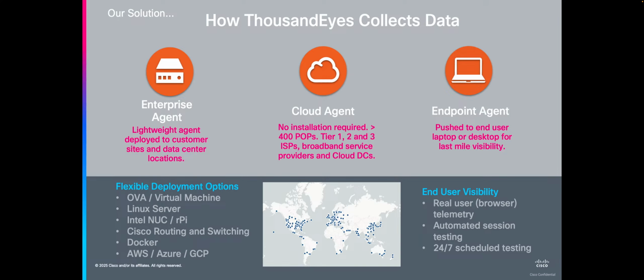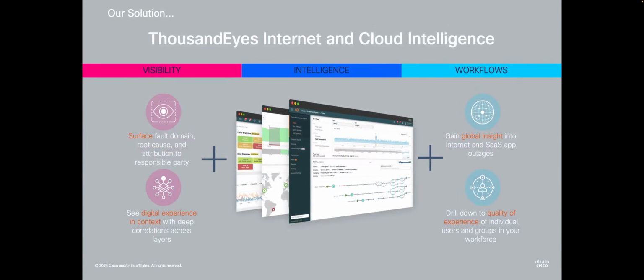So now let's move on. That's all how ThousandEyes collects the data. It's using those agents. And then now beyond that, what does it provide? If we start thinking about the visibility and also the workflows, you want things that are triggerable, that are actionable.